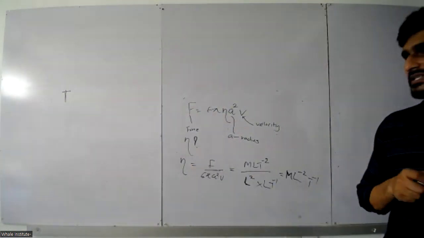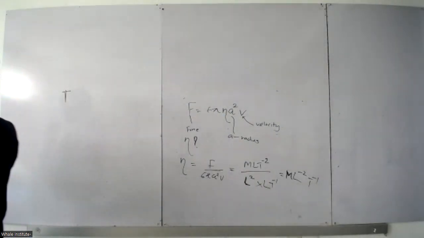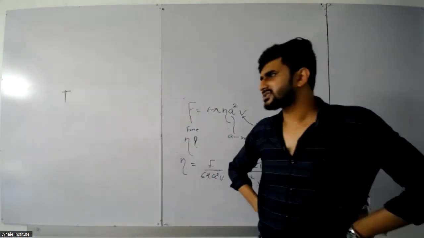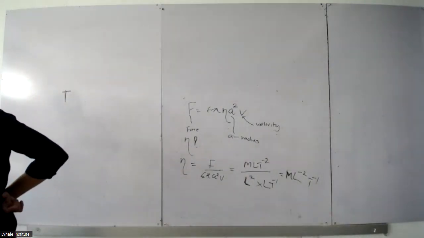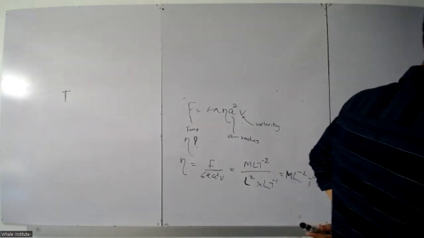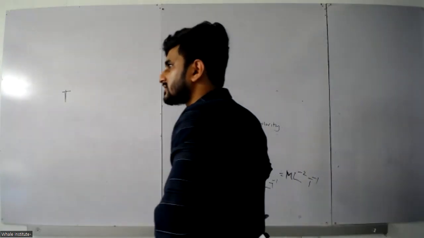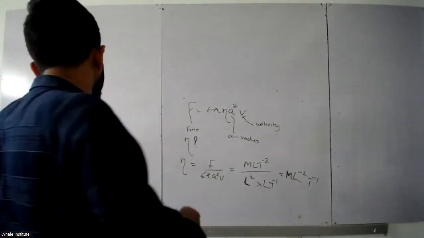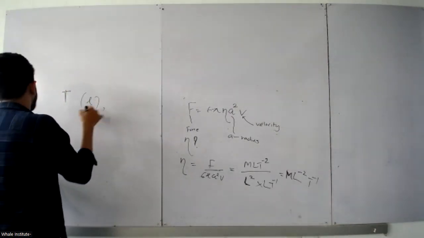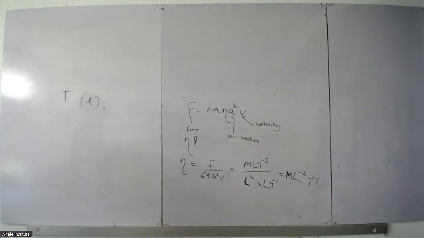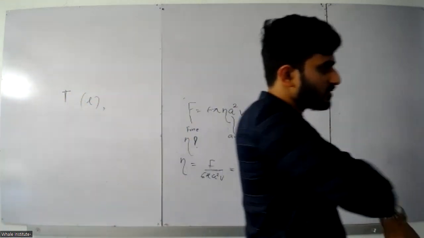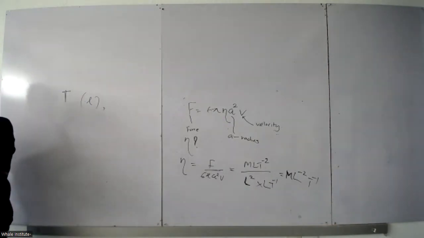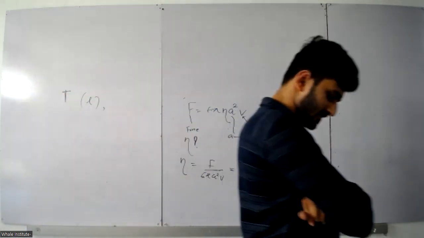The periodic time, capital T, of a pendulum depends on the length of the pendulum, small l, the mass of the pendulum, small m, and the gravitational acceleration, small g.